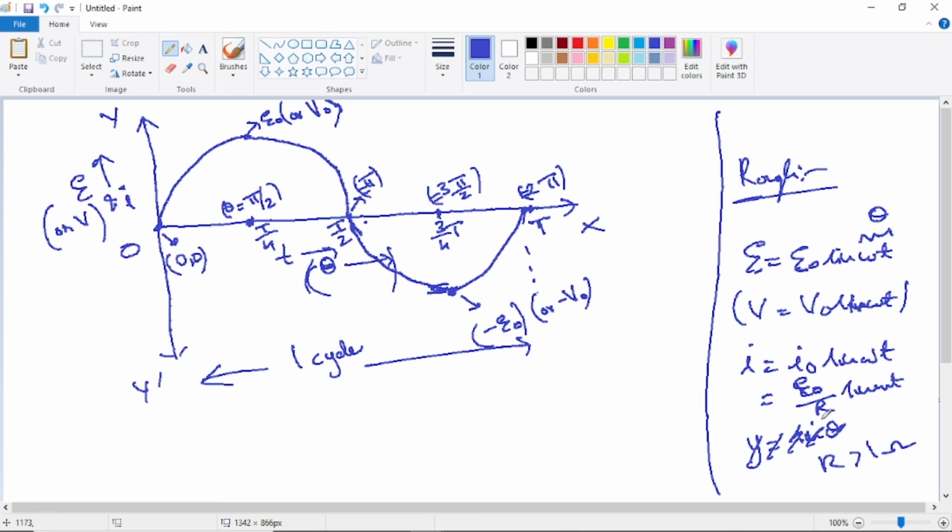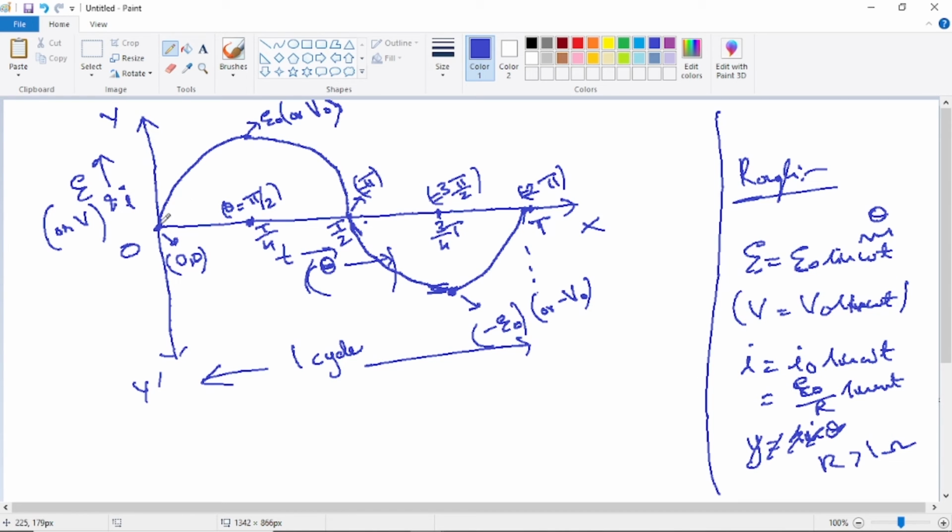But if the resistance is greater than 1 ohm, then 10 by 2, 10 by 3, they are clearly less than 10. So if resistance happens to be greater than 1 ohm, the peak current will be lesser.